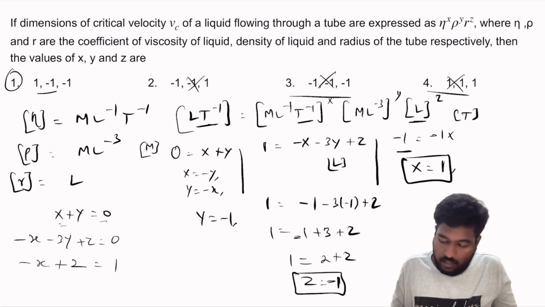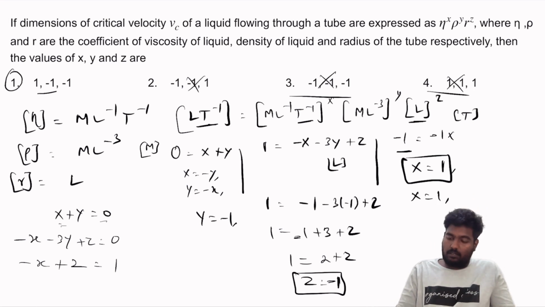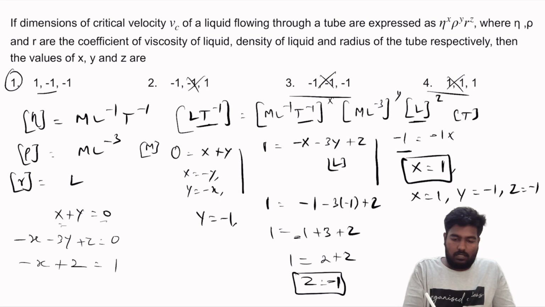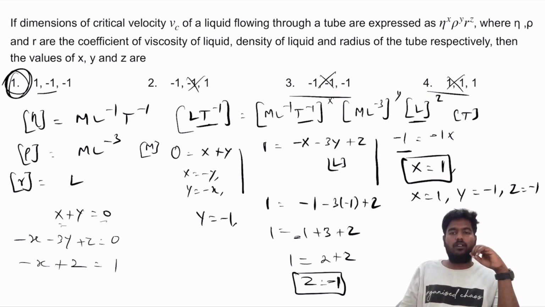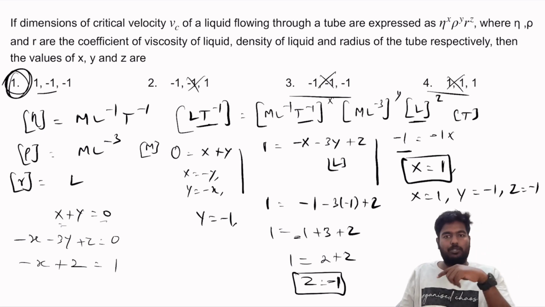So you can find X equal to 1, Y equal to minus 1, and Z equal to minus 1. 1 is the right answer. Sorry about the mistake earlier. In some questions it will keep on looping, so we can substitute the answer options to find it, but this one has a single solution.